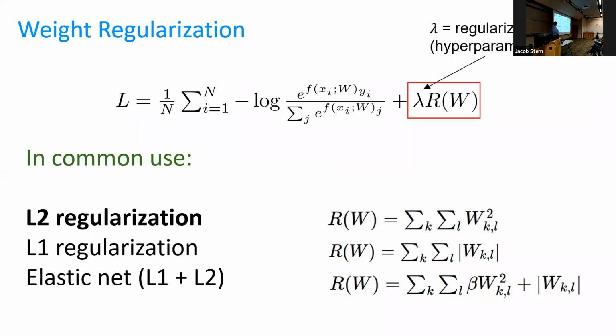Basically, he's drawing the analogy between high dimensional polynomials and high parameter neural networks. A way to prevent overfitting with polynomial curve fitting is to reduce the dimension of the polynomial.